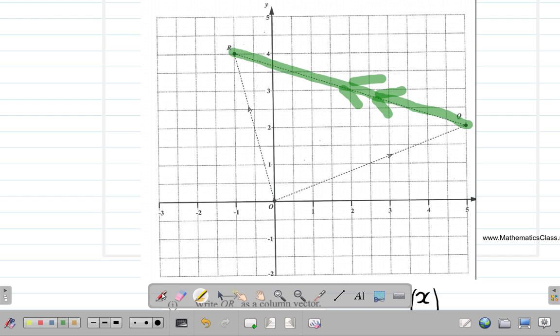Now, you can walk along this route from Q to R. Or what you could do is take the next route.